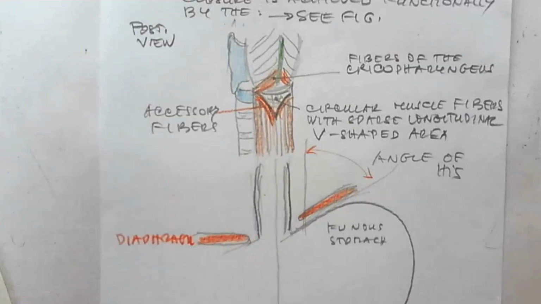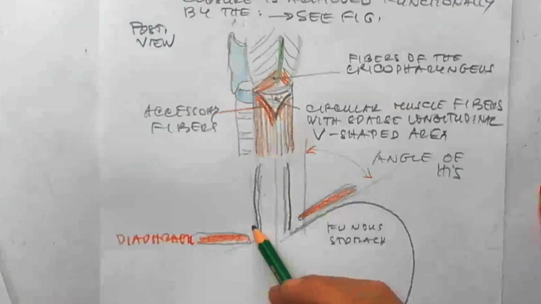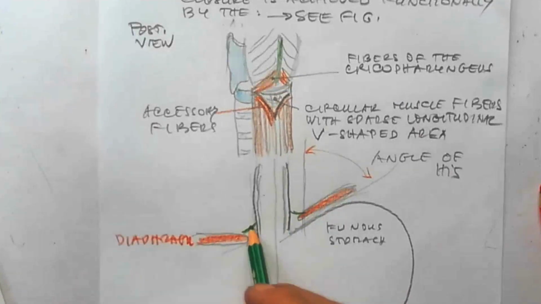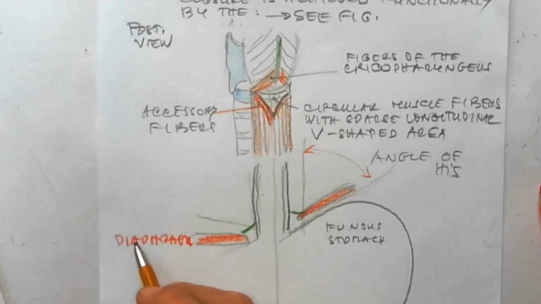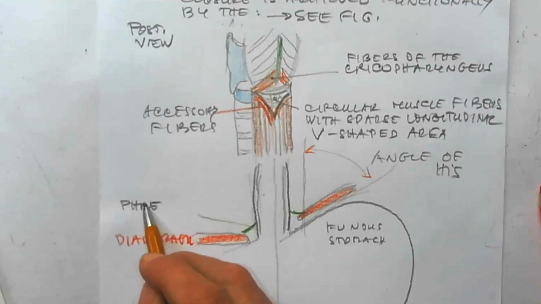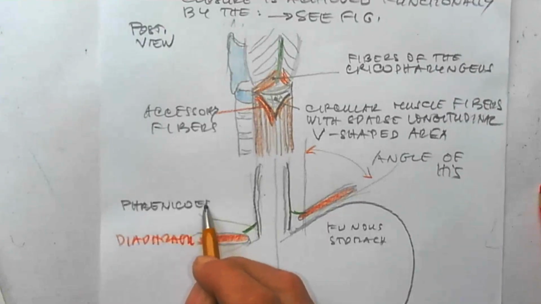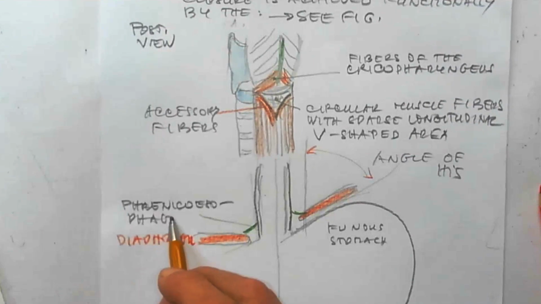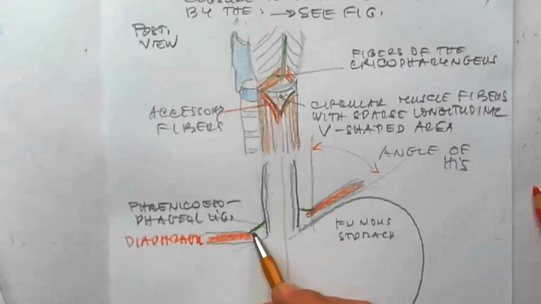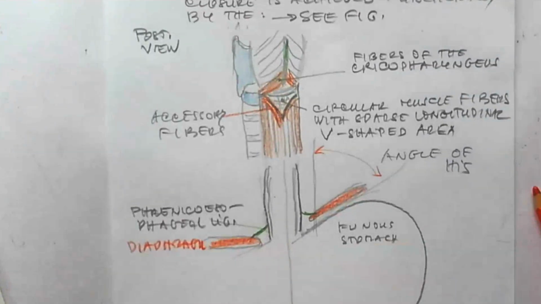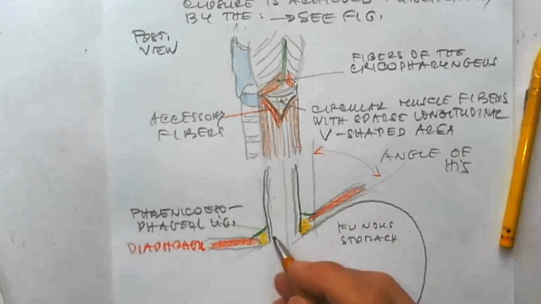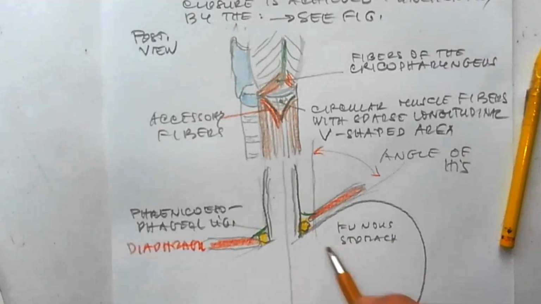So here we have the diaphragm, correct. The diaphragm is attached to the esophagus by some ligaments. We call them the phrenicoesophageal ligament on both sides. Then there is also accumulation of some fatty tissue in close proximity to the wall of the esophagus.